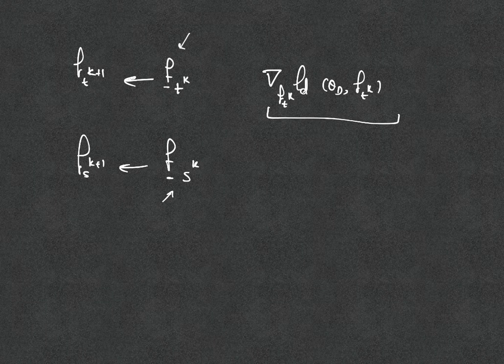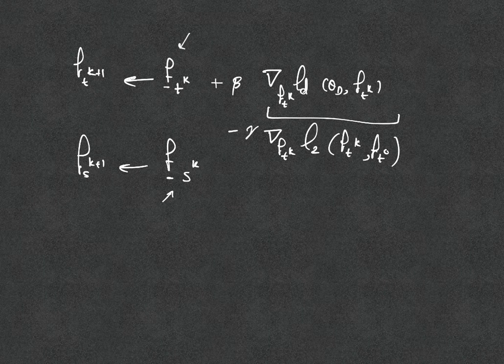Now you want to make this loss larger, so you want to propose a feature set that makes this loss larger and makes the discriminator more confused. So you're going to have to do gradient ascent on that. However, you want your features not to deviate so much from the original, so you also have to do gradient descent on the L2 loss between the features and the original.